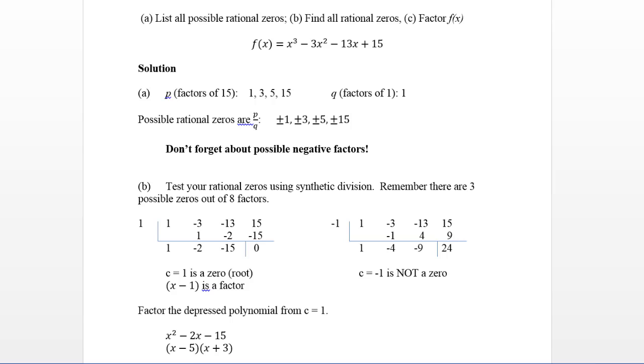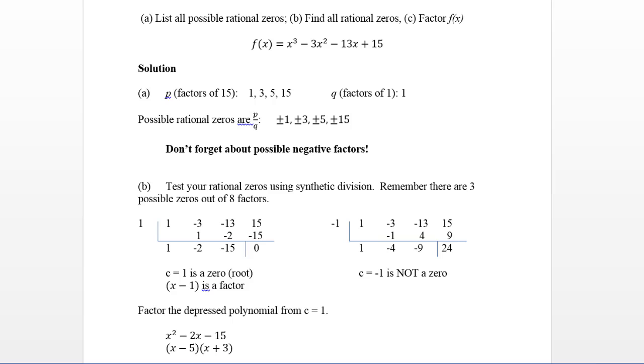I tested 2 of them so you can see the difference, a 1 and a negative 1, and I set up synthetic division for both of them. You can see the 1 gives us a remainder of 0, which tells us that it is a factor. And the negative 1 gives us an output of 24, which means that it is not a zero or a factor.